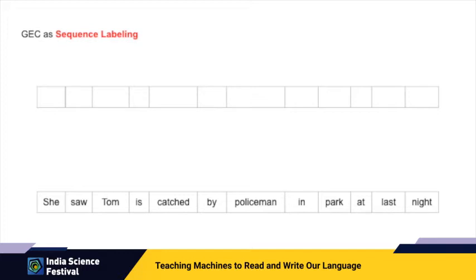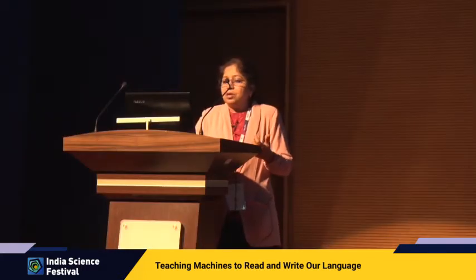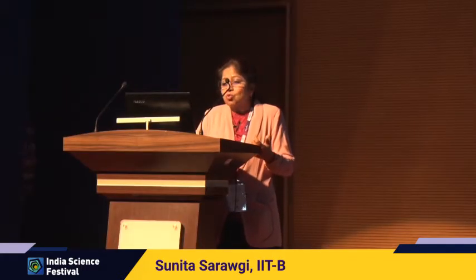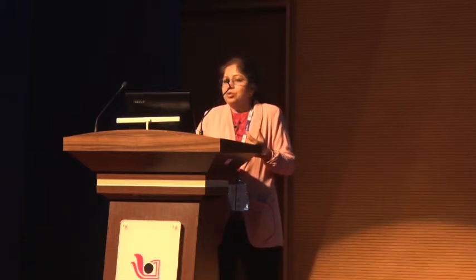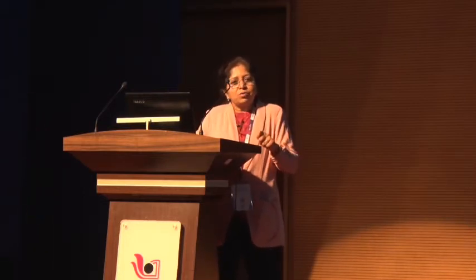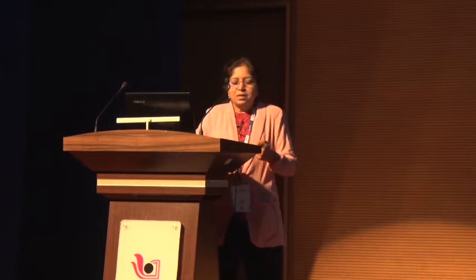In a sequence labeling task, your goal is to label each token or word of a sentence. So, we are going to take each token of this sentence and label that word with the edit command, which when applied on that word will generate the correct sentence.